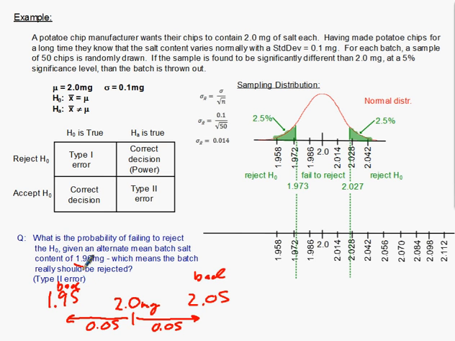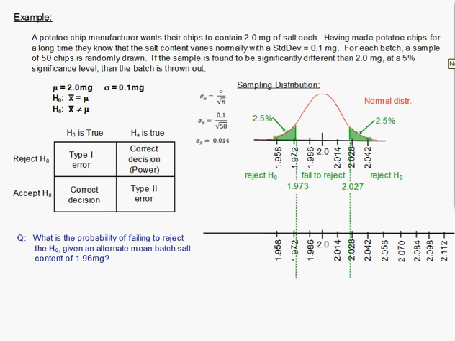But this is 1.96. So it seems to me that this particular batch is okay. It has an acceptable amount of salt. It should not be thrown out. Which also means, is this a type 2 error?